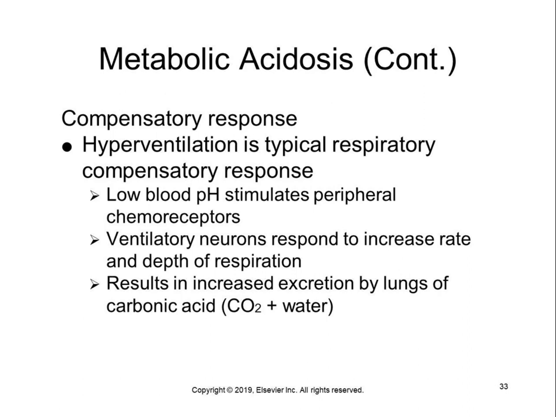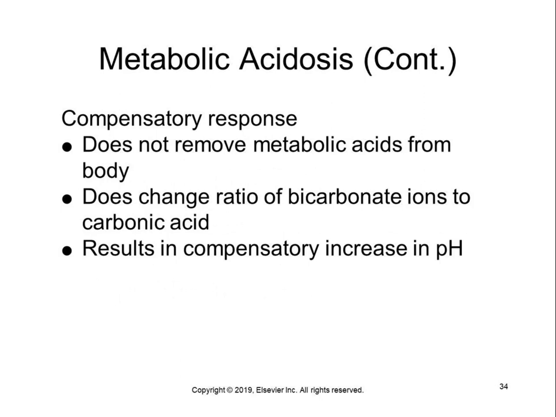Ventilatory neurons respond with increased rate and depth of respirations, resulting in increased excretion by the lungs of carbonic acid, carbon dioxide. The compensatory response does not remove metabolic acid from the body, but changes the ratio of bicarbonate ion to carbonic acid, resulting in a compensatory increase in pH.